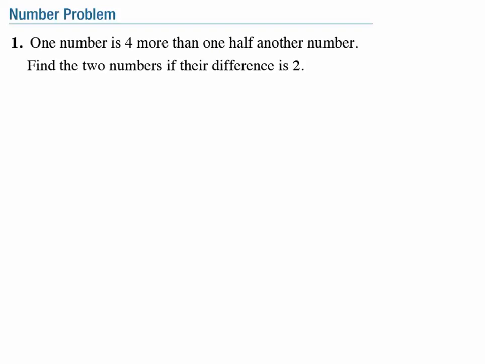First one is the number problem. Since we have two different variables, we're going to define each of those variables. We're going to say x is this, y is that. So one number is 4 more than 1/2 another number. Got two numbers on my hands, so how about x is going to be the first number, whatever you like.